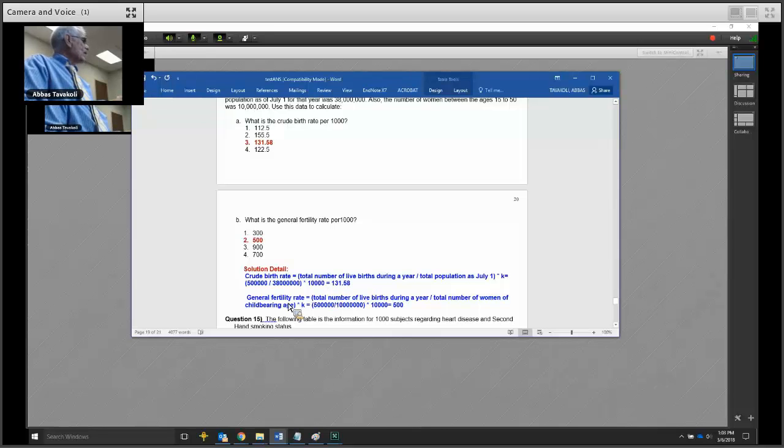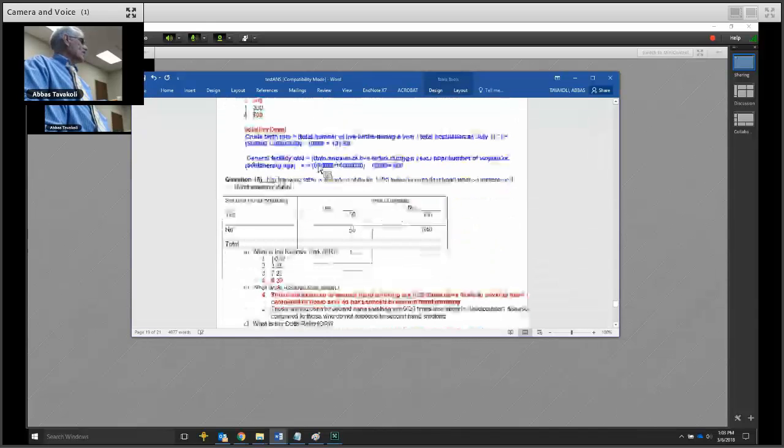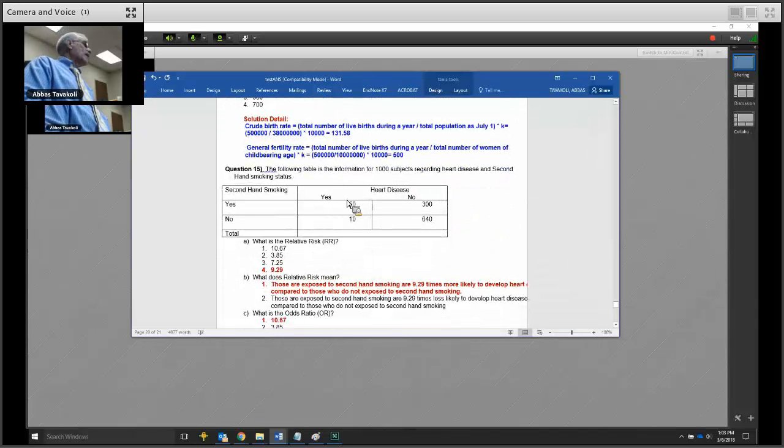And general fertility rate, you're using total number of live births during a year divided by total number of women of childbearing age, which is 500,000 divided by 10 million times 1,000, you get 500. So that's basically using the correct formula and replacing the values you have.